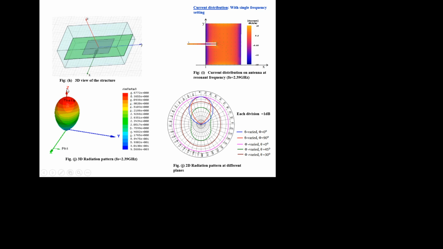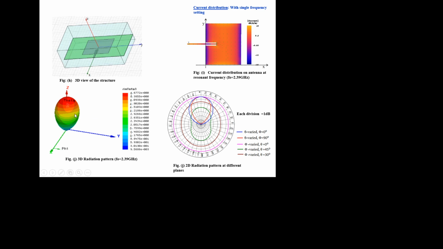See like this. Okay, so using this color graph you can identify what is the maximum value. So here you can get 6.68 in this range. So this radiation pattern, 3D pattern, we have to plot, and also we should plot these 2D plots.